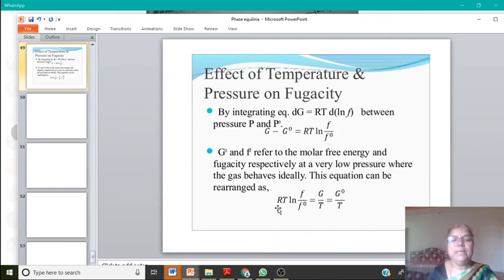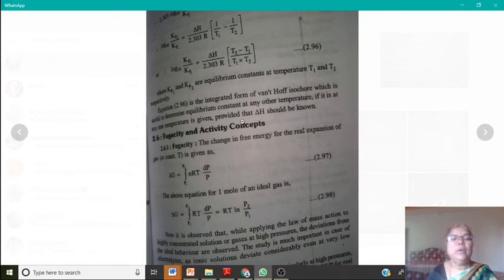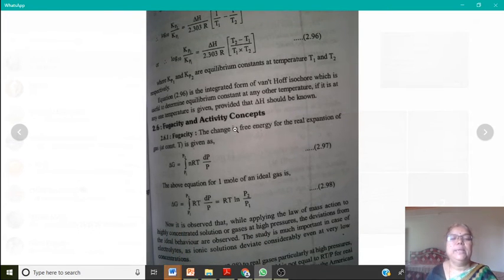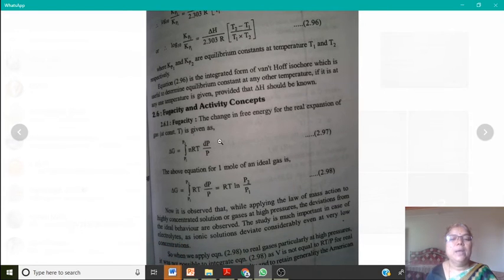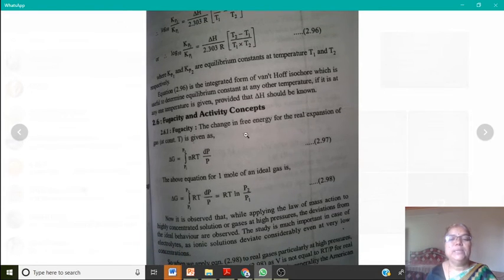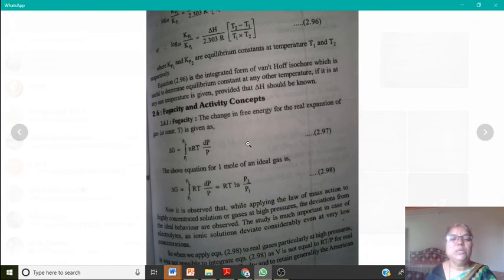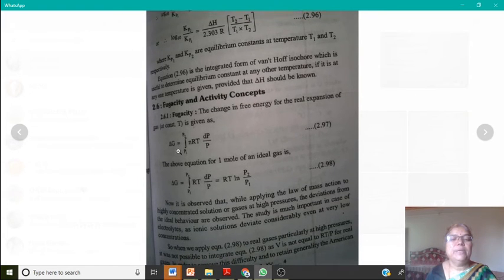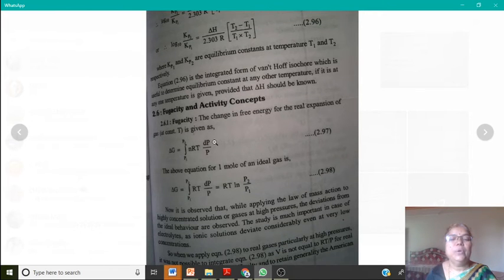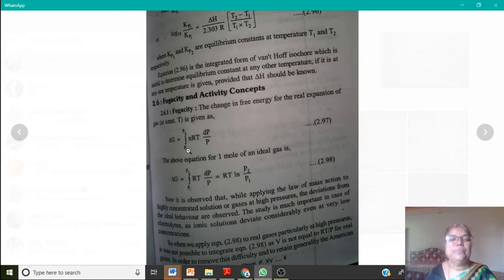So we will see the description of fugacity which is given in your book. See here the concept of fugacity and activity. Here, the change in free energy for real expansion of a gas is given by this equation: delta G is equal to the integration of nRT into dP by P, within pressure limits P1 to P2.